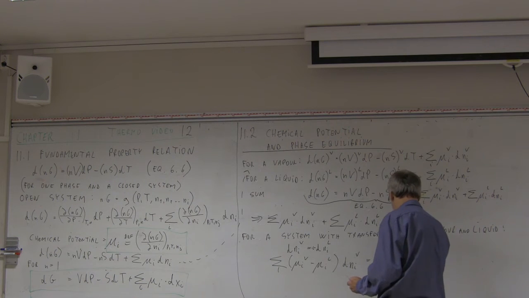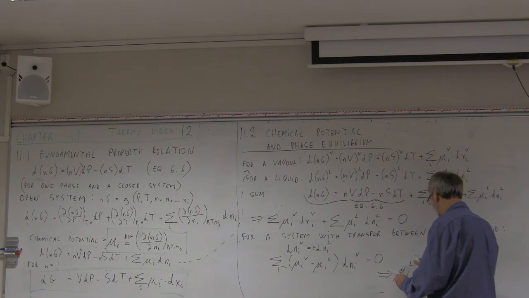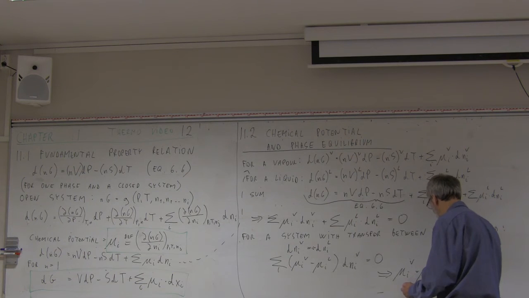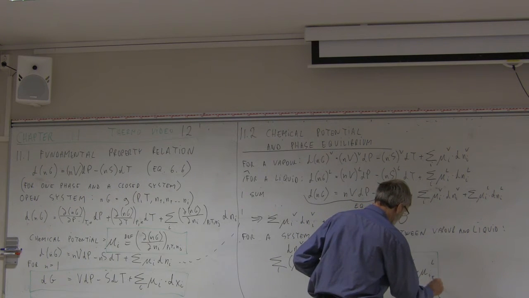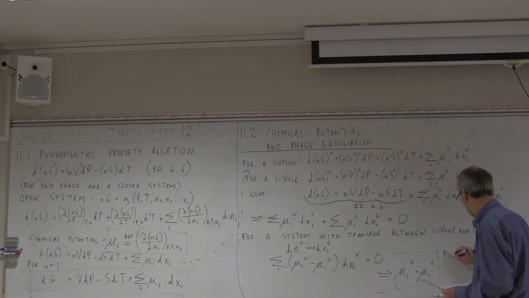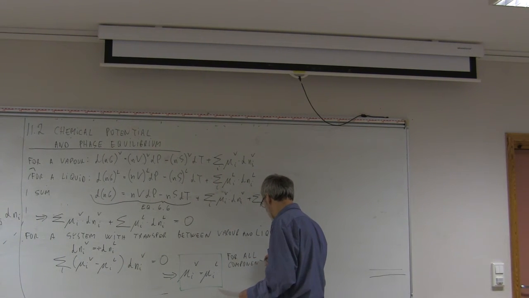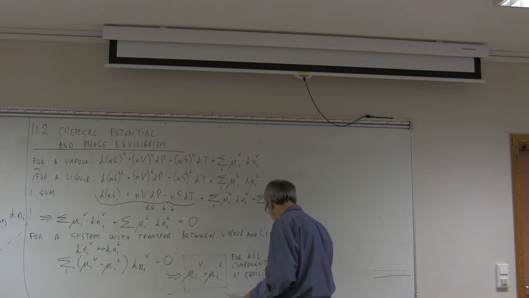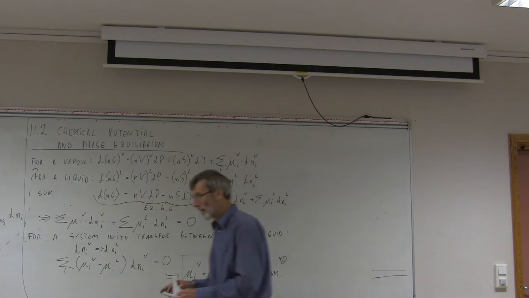And from this follows that the chemical potential for the vapor must be equal to the chemical potential of the liquid for all components at equilibrium. So that is an important equilibrium criterion.